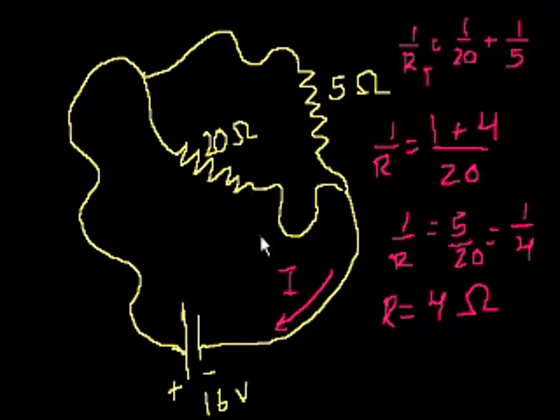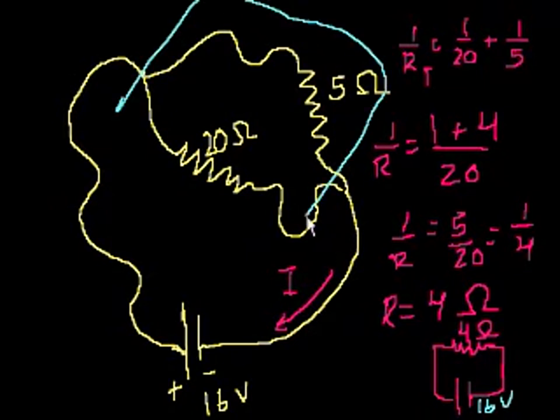So we could redraw this crazy circuit as this. I'll try to draw it small down here. We could redraw this where this resistance is 4 ohms and this is 16 volts. We could say that this whole thing combined is really just a resistor that is 4 ohms.